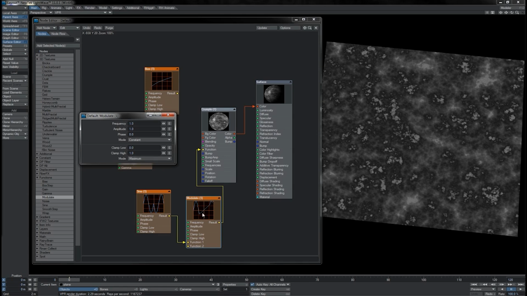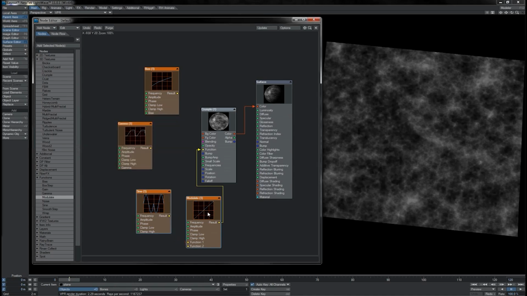So the resultant curve here in modulate looks at the basic curve, which here is a straight line. It looks at the new incoming function here, and it draws a new curve based on whichever of those two curves has the maximum value in a vertical sense.